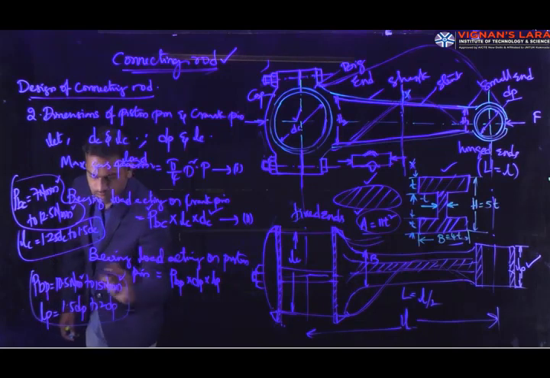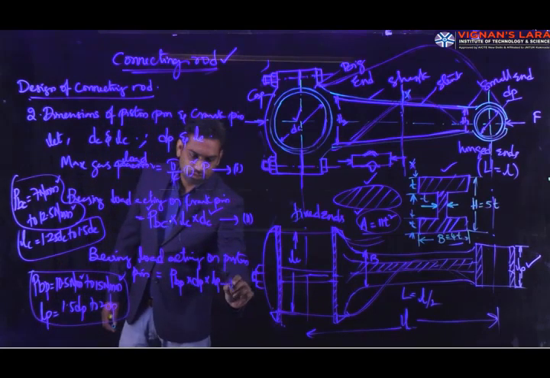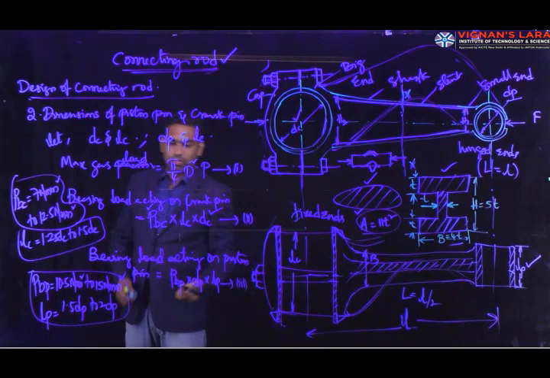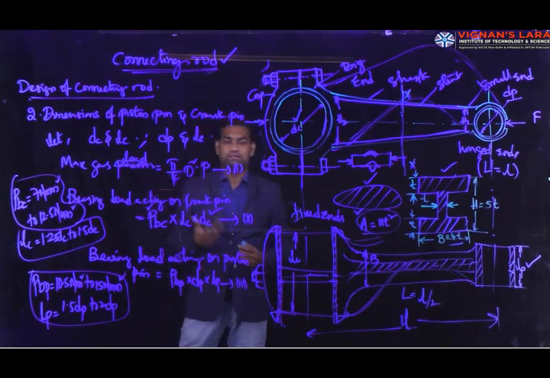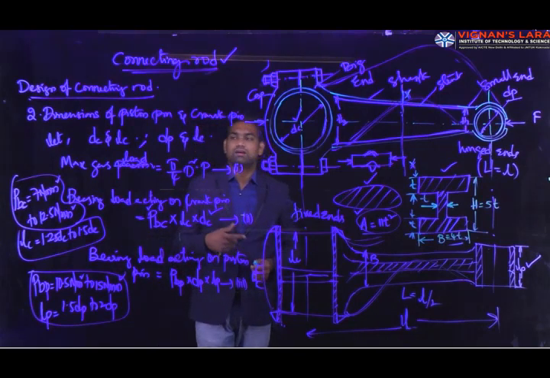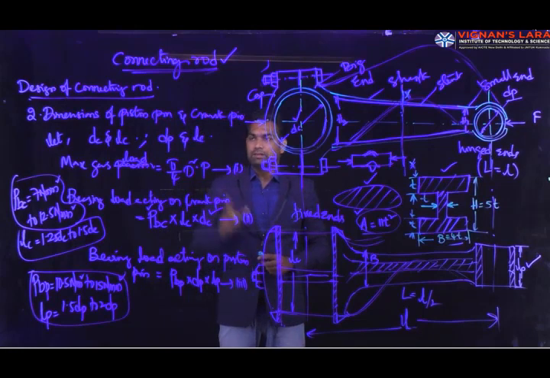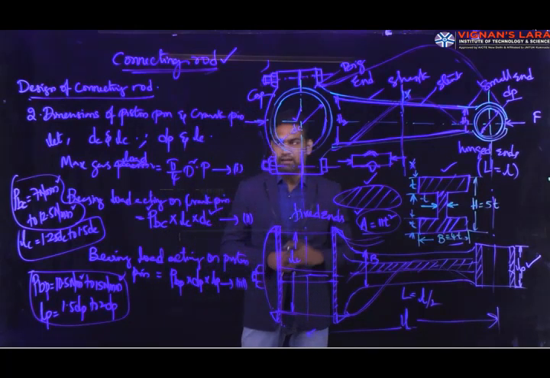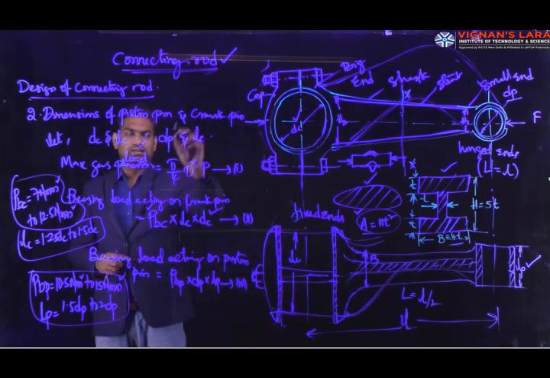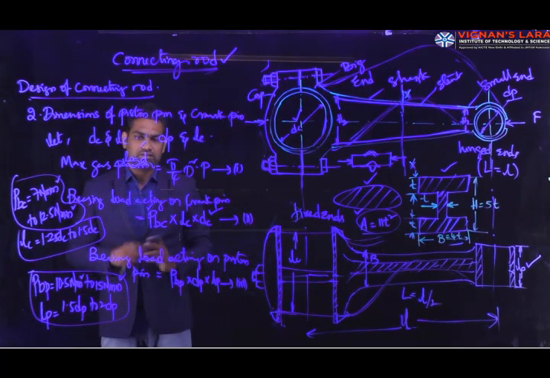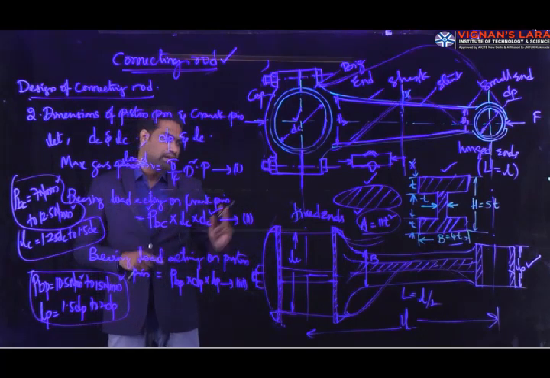Using these proportions, the bearing load acting on the piston pin is calculated in terms of the diameter of the piston pin. By equating equations 1 and 2, as well as 1 and 3, we can calculate the length and diameter of the piston pin as well as the crank pin. One statement you need to remember is that the piston pin and crank pin dimensions are calculated against the maximum load acting on the connecting rod.